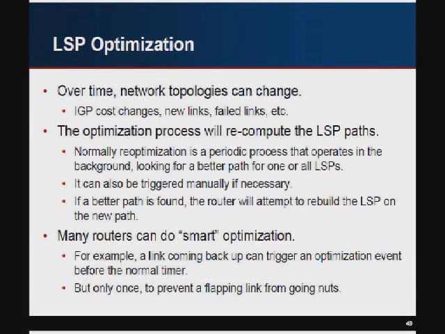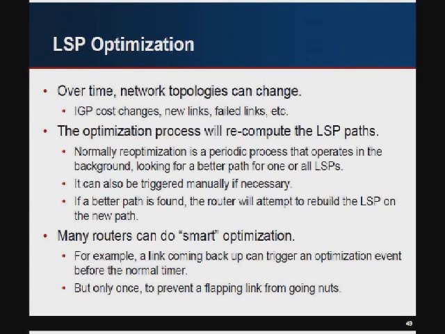You also do LSP optimizations because what happens is over time the network topology can change. You can have IGP cost changes, you can have new links get added, you can have links come down. You want a periodic optimization process that goes through and has the ability to change which paths your LSP is going over.